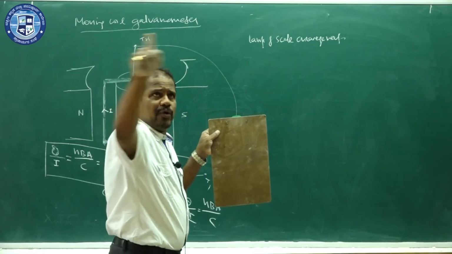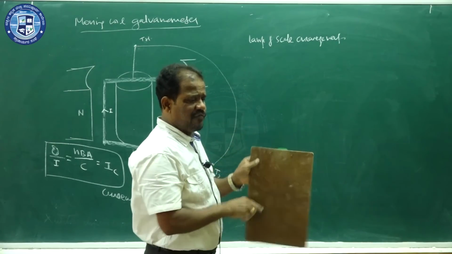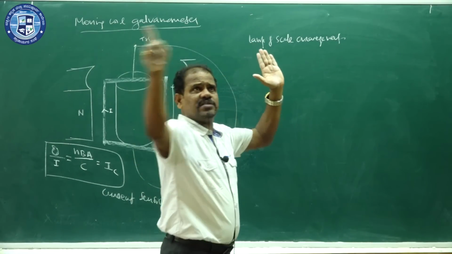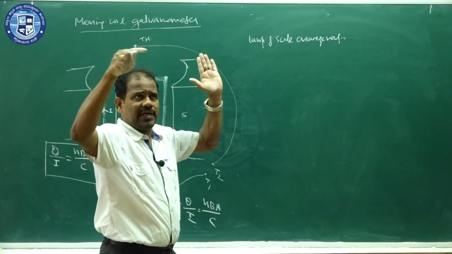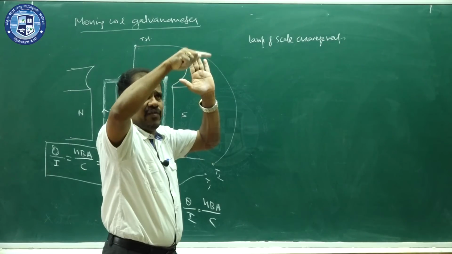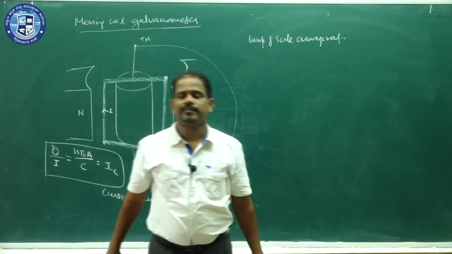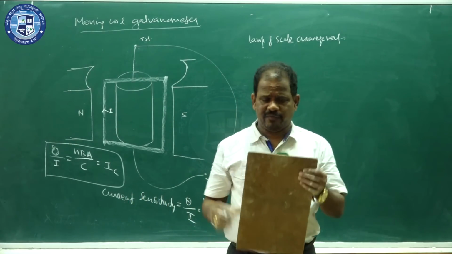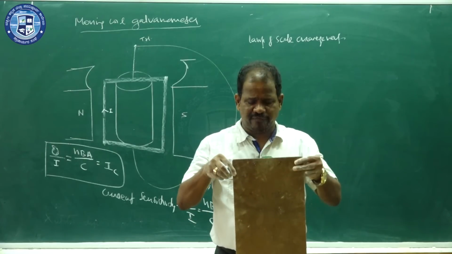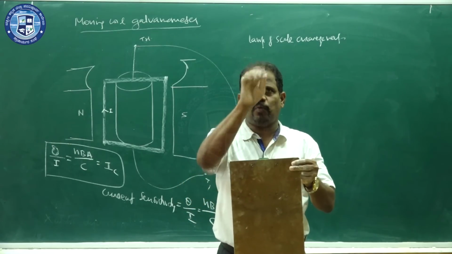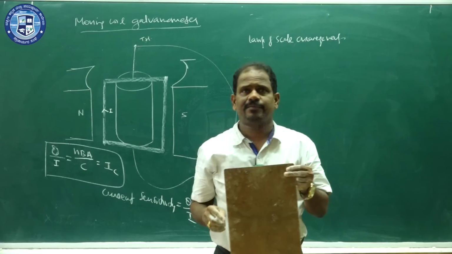Here we have a horizontal scale fixed exactly in front of the mirror. When the current is not passed, light is seen in the middle of the scale.